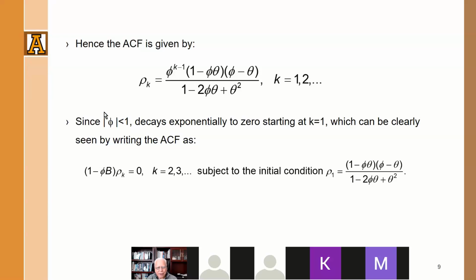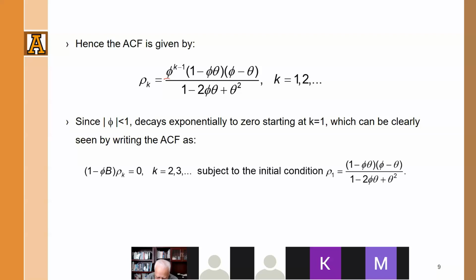And since we're assuming stationarity, phi is less than 1 in absolute value. Therefore, these autocorrelations are decaying exponentially to 0, starting at k equal to 1. Actually, we are assuming invertibility, so theta is also less than 1.